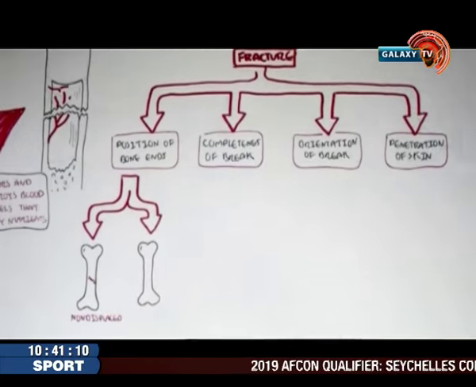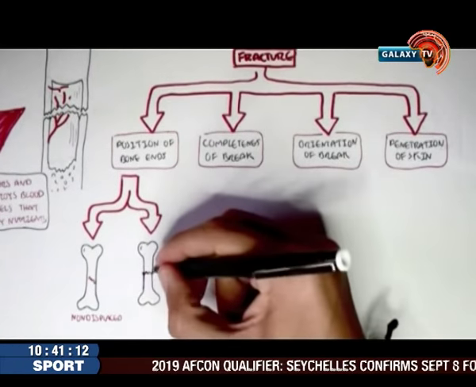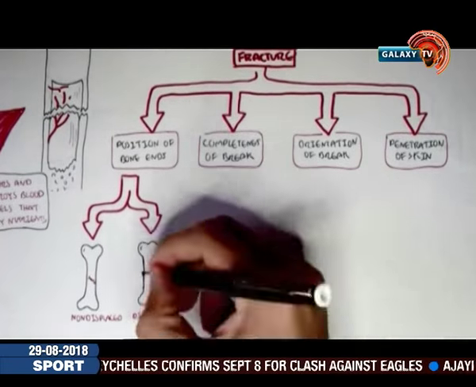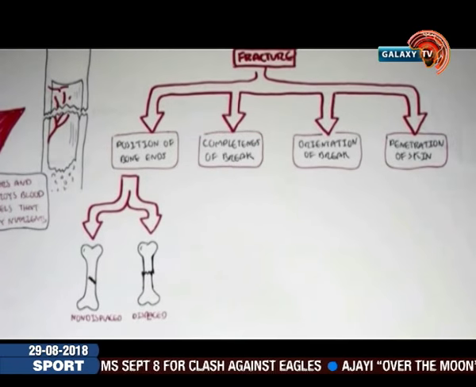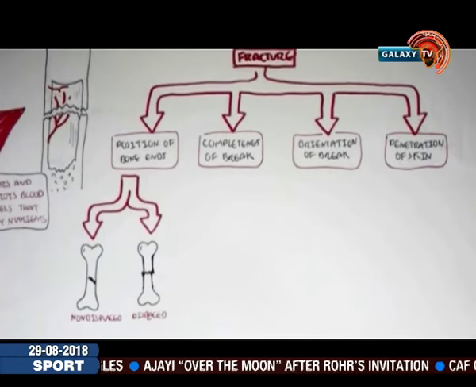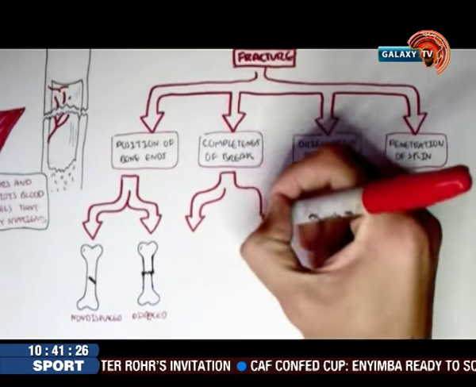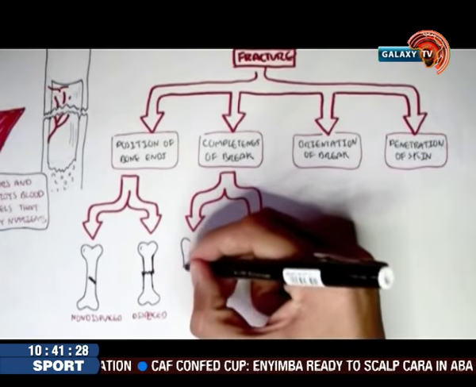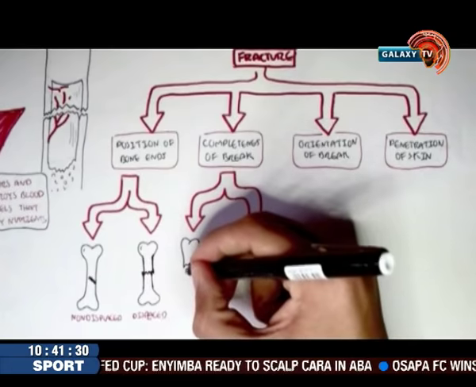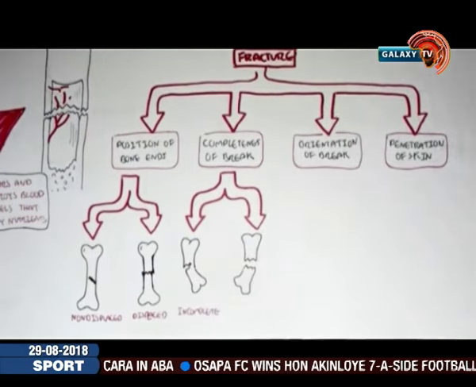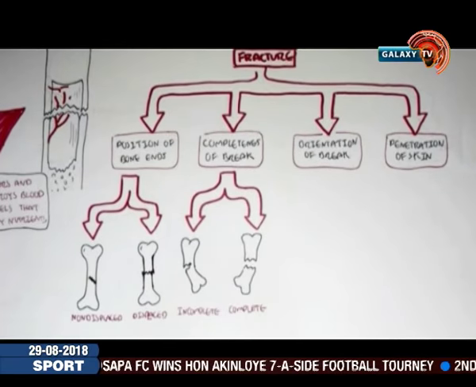However, in displaced, as you can see by this diagram, the bone moves, and this is displaced because the bones are displaced after the fracture. The completeness of the break essentially means whether the bone is completely fractured or incompletely fractured. So whether it incompletely doesn't break off or it completely breaks off.